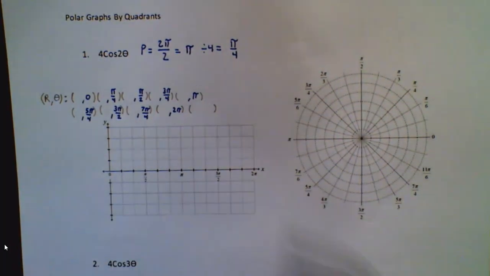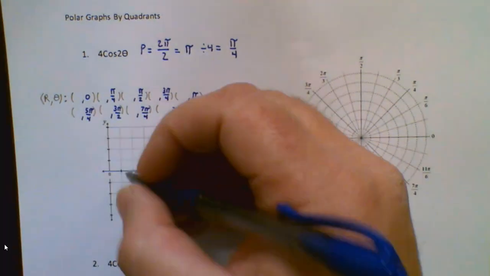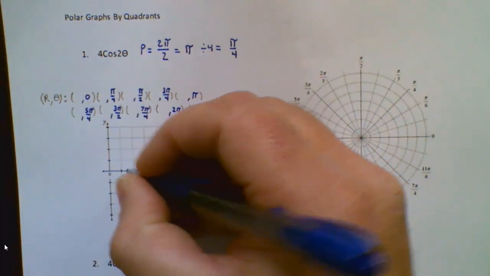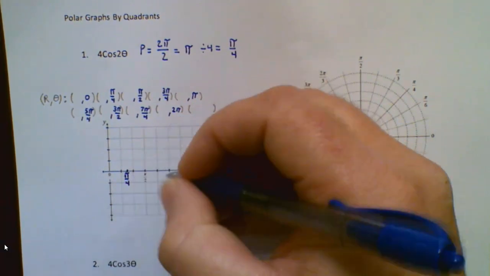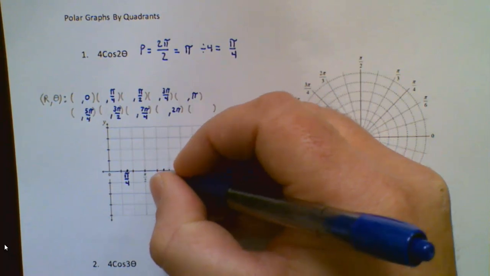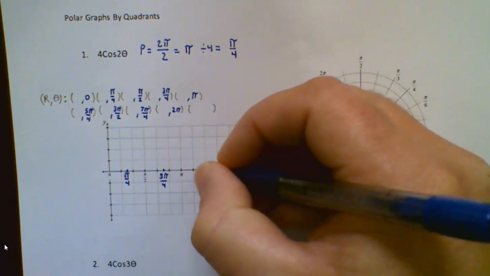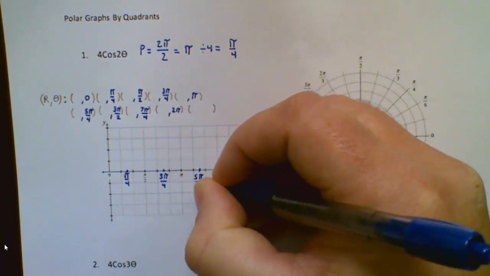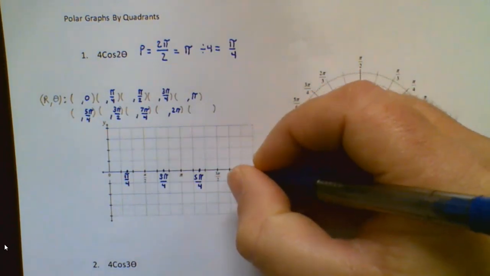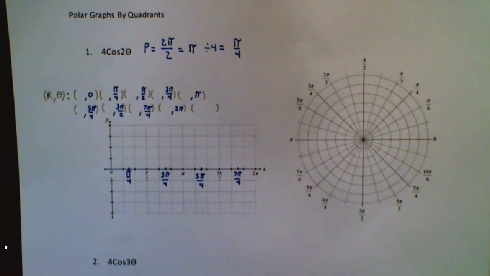Let's throw those into the grid down below, and if you want, you can pause and fill those in. So if that's a half, then my 1/4 is going to be right in the middle here. So 1/4, 2/4, 3/4, 4/4, 5/4, 6/4, 7/4, and then 8/4. So those are the points.